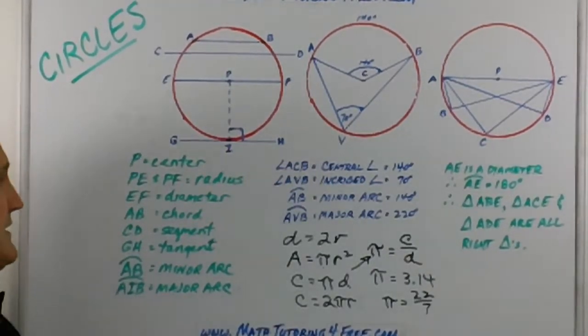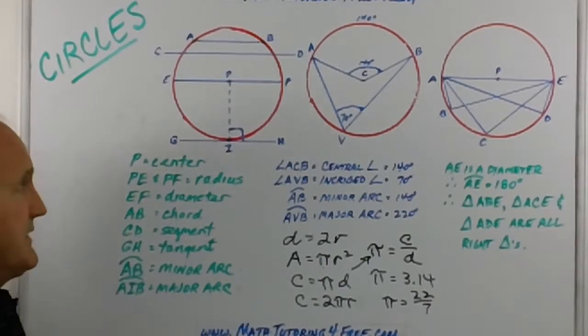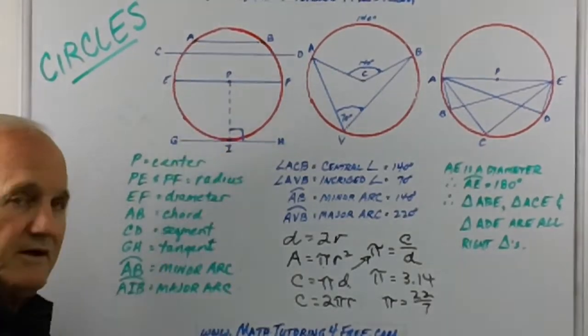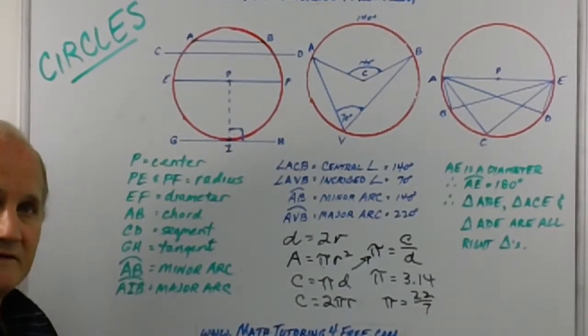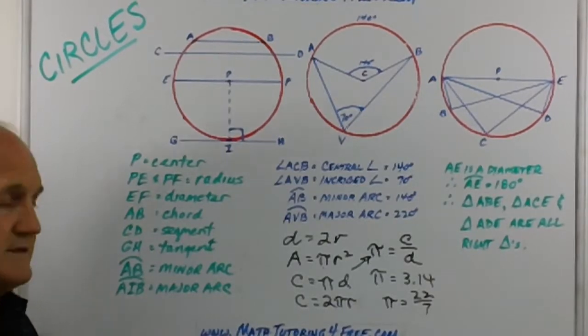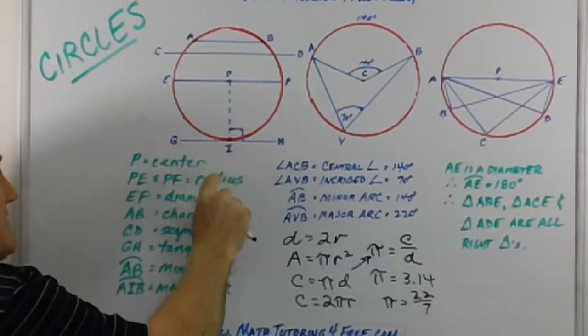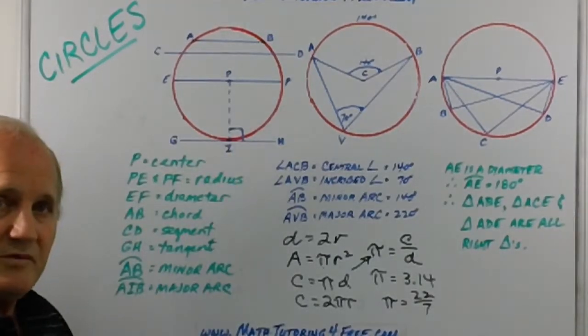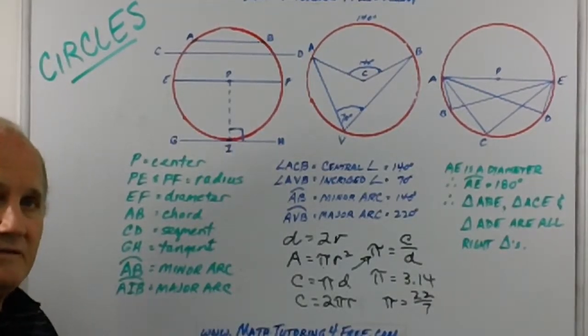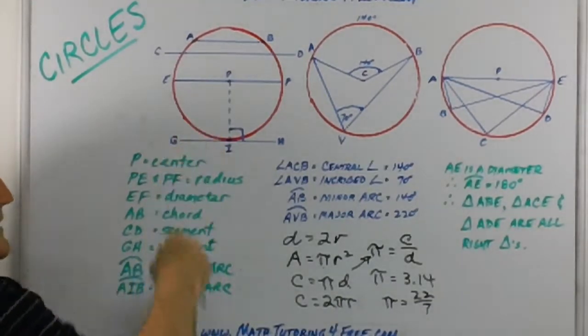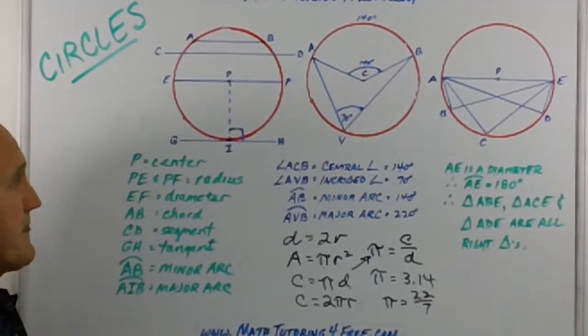And since we just finished with trig, you'll end up with some right triangles here to calculate some angles and distances and so forth. So remember, the tangent touches the circle in only one point, and it is perpendicular to the radius at that point.